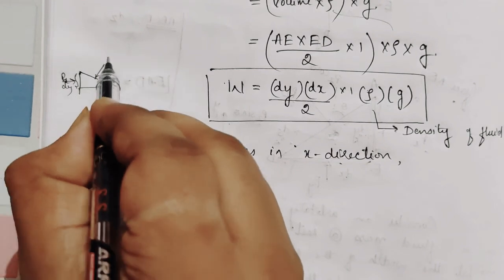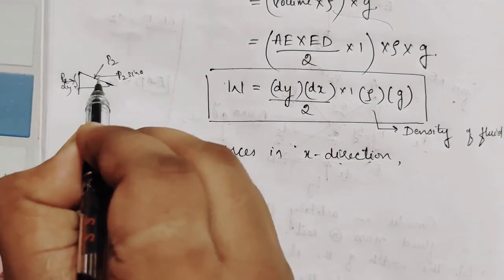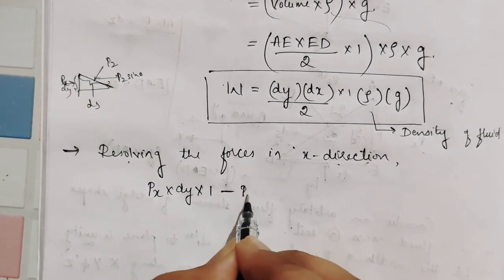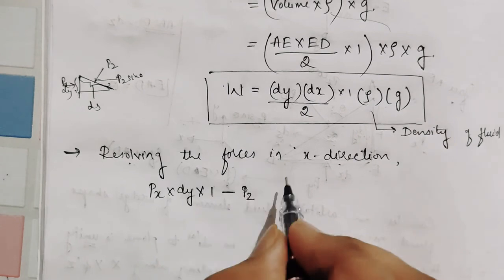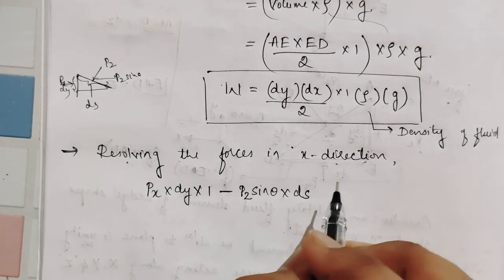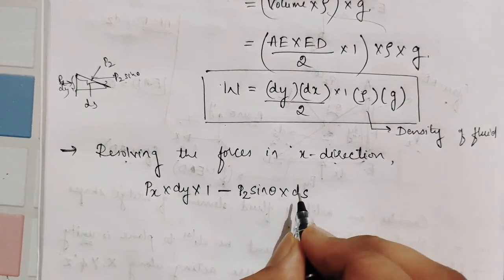Next, this pz sine theta into ds minus pz sine theta into ds is equal to 0.